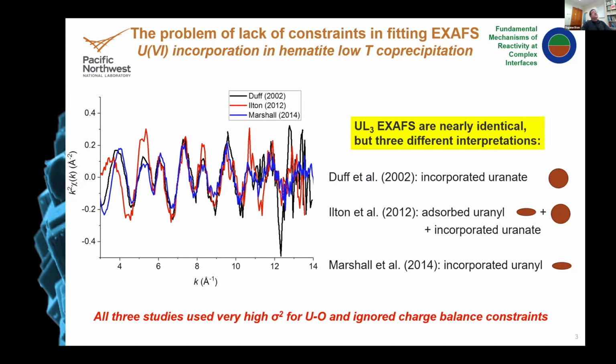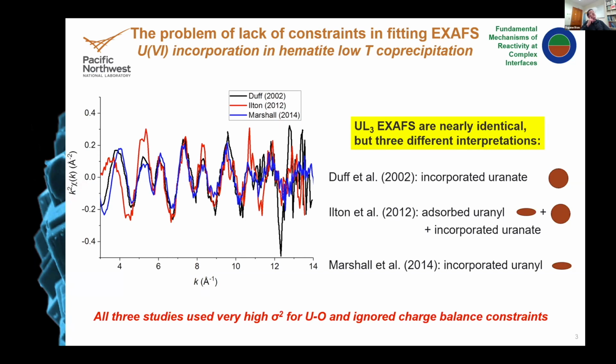And my interest in the AIMD approach arose because of a paper in 2014 by Marshall that contradicted both Duff and work I did in 2012 in collaboration with John Barger and his group.